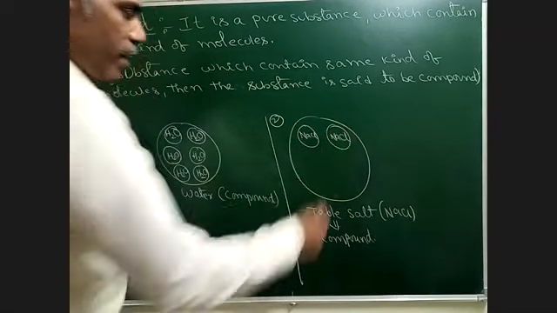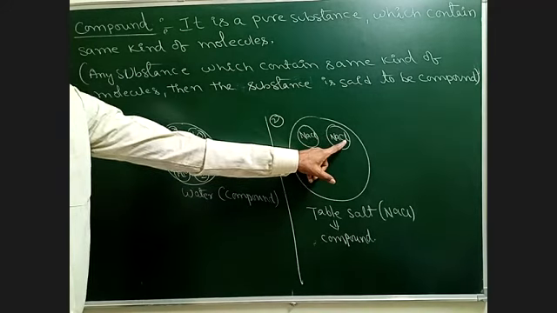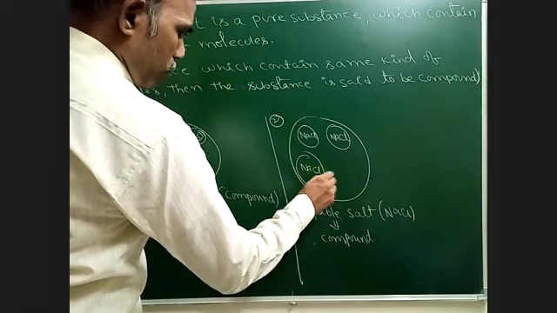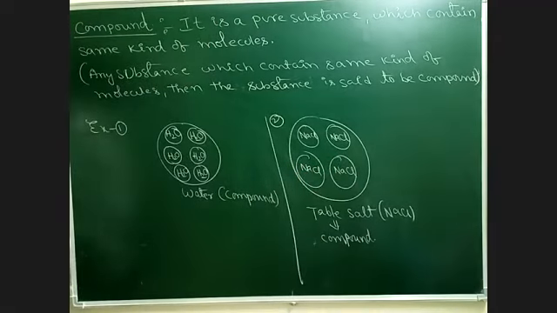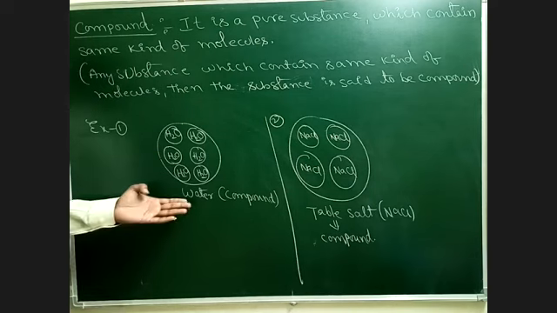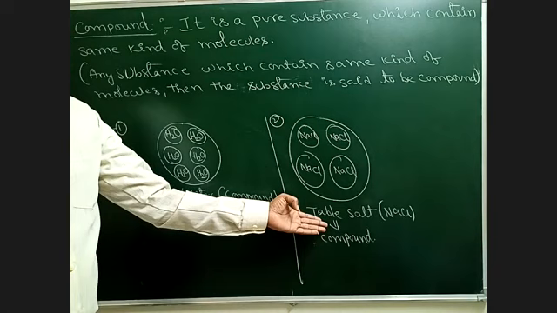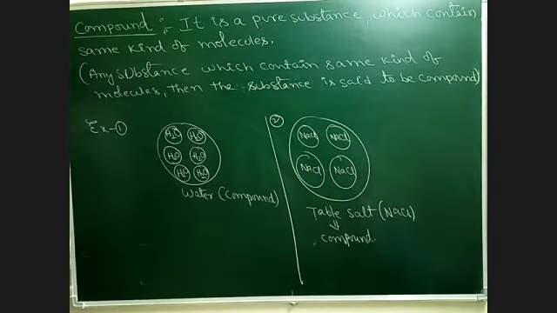The sodium symbol is Na, and the chlorine symbol is Cl. So water contains only water molecules. Sodium chloride, that is table salt, contains sodium chloride molecules.